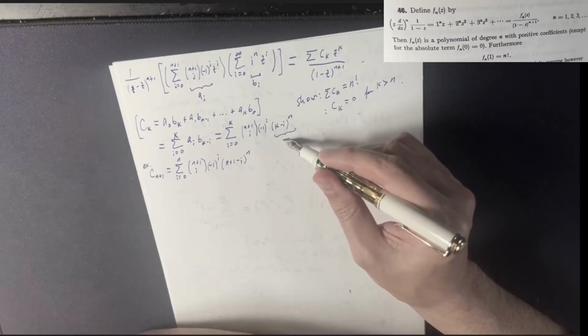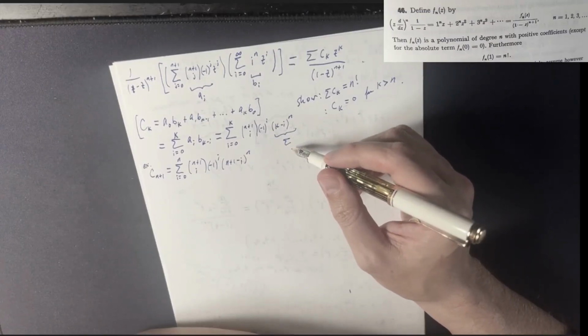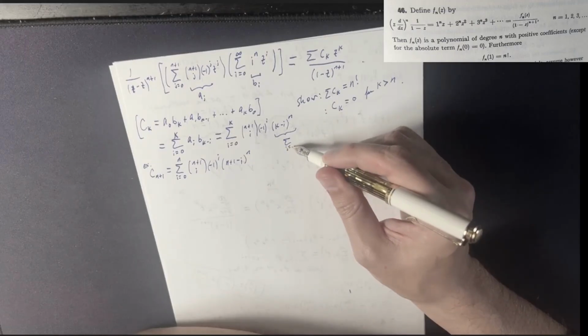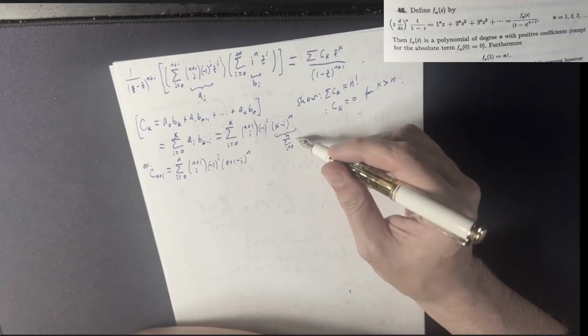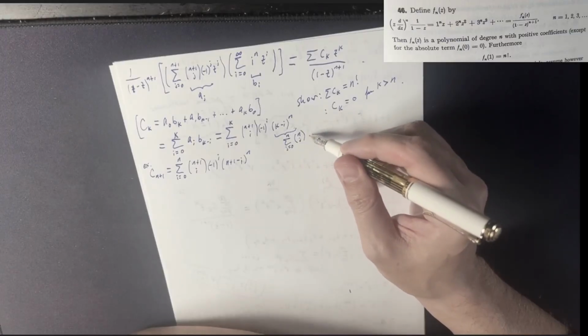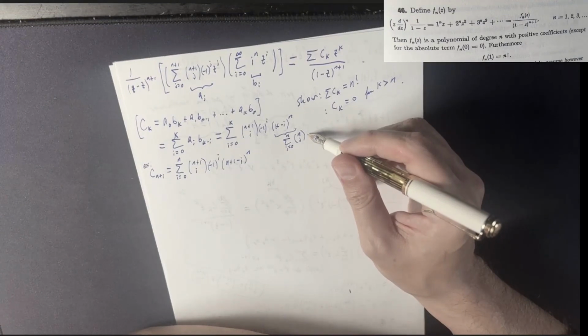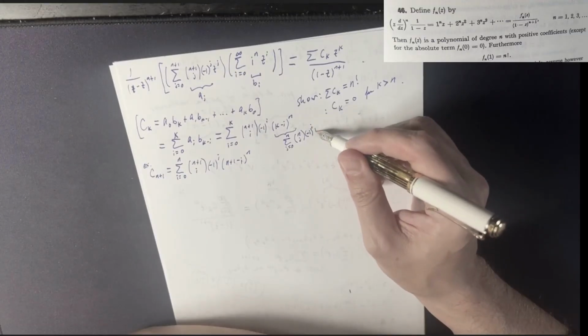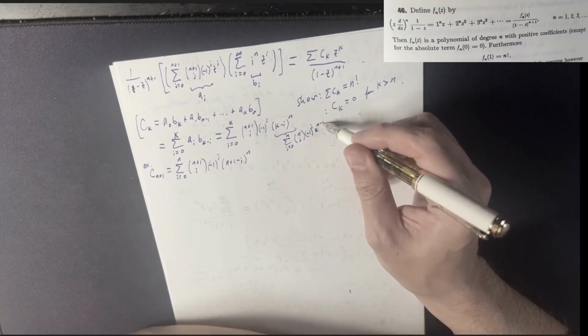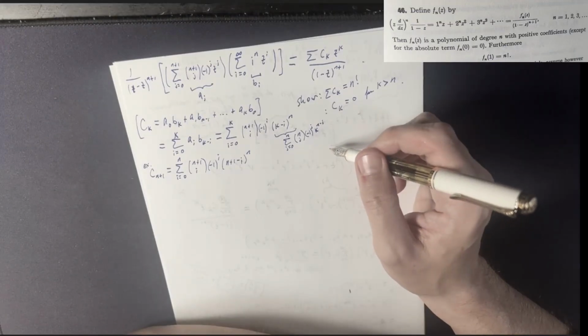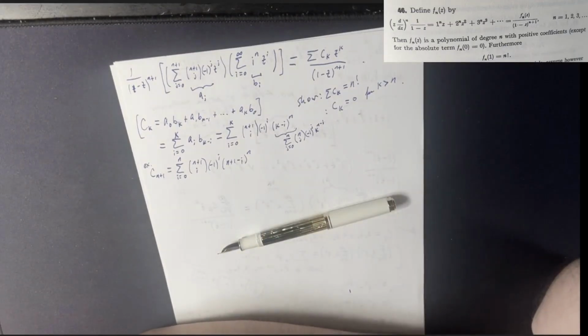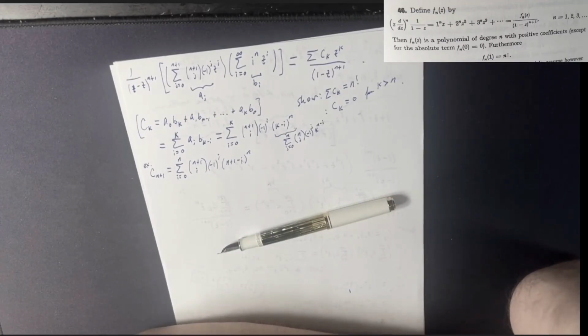So this alone would be, let's say, sum over j from 0 to n, n choose j, ish. This is ridiculous. Negative 1 to the j, k to the n minus j. Yikes.